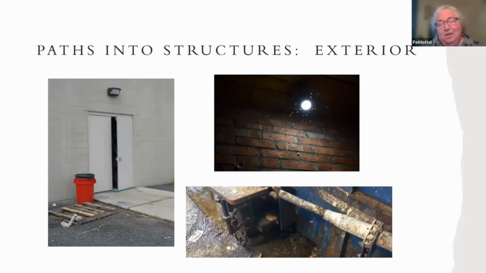We can get accumulation of organic material, and during the warm months, if you're there when the dumpster box gets moved out, you can find maggots. Okay, so we've got development right outside, and typically right next to that dumpster compactor is going to be a dock door. So look for that.